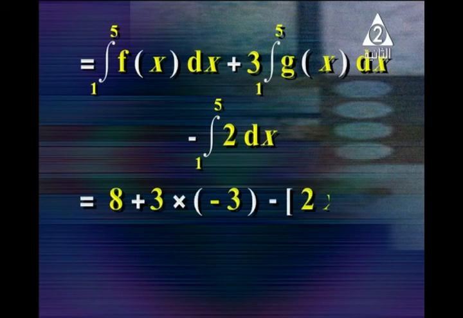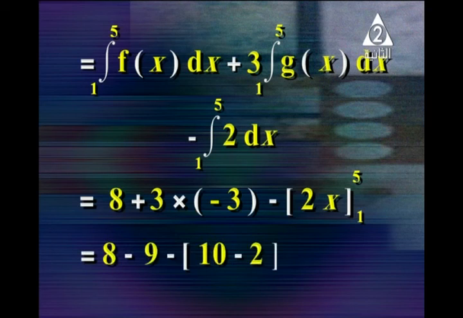The first equals 8, the second equals negative 3, and the integration of 2 with respect to dx equals 2x from 1 to 5. By substitution, x equals 5 and x equals 1, answer is 8 minus 9, minus the bracket containing 10 minus 2.